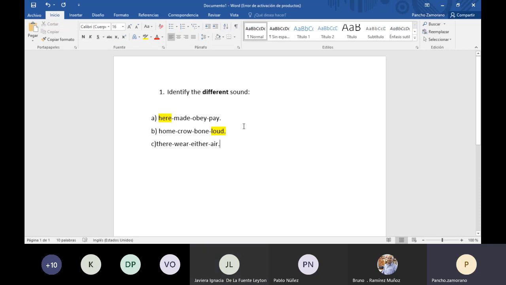So home, crow, bone, and loud. The last one we have there, where, either, air. The third one is, yeah, either. This one was easier than the other ones.